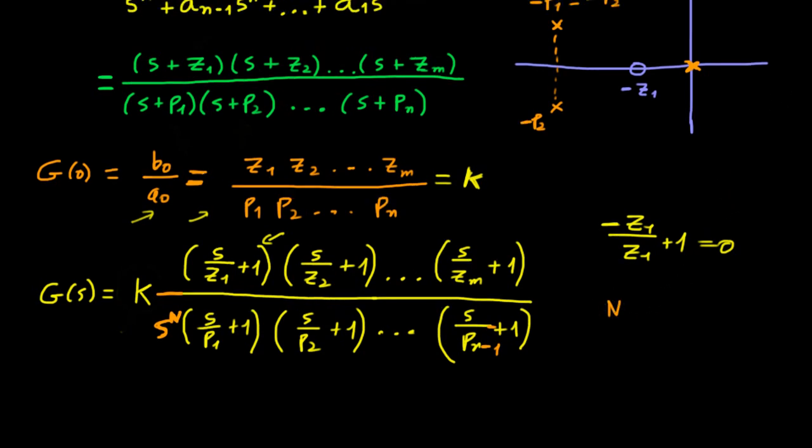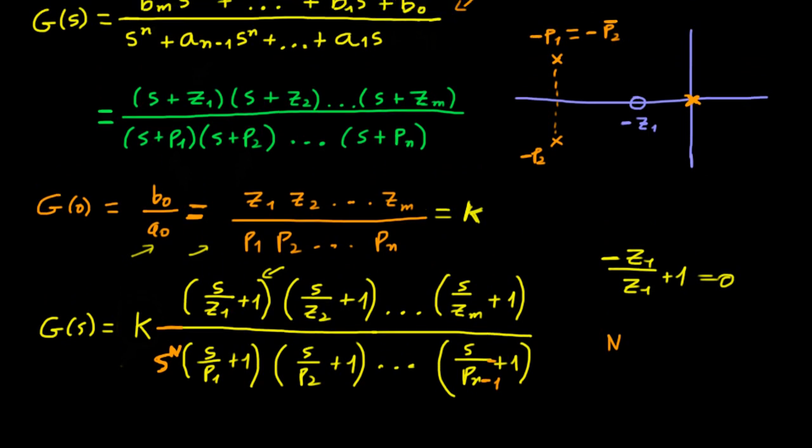There are some strange cases in which N would be negative, and then what we would have here instead of a pole is a zero, maybe one zero or more than one zero, but that doesn't happen very often. Okay, so this is the most general expression so far.